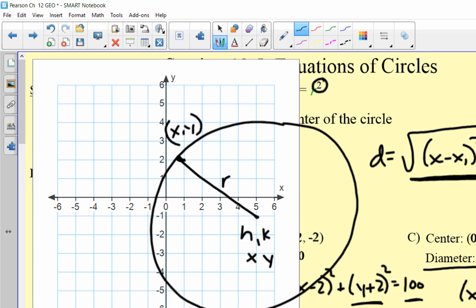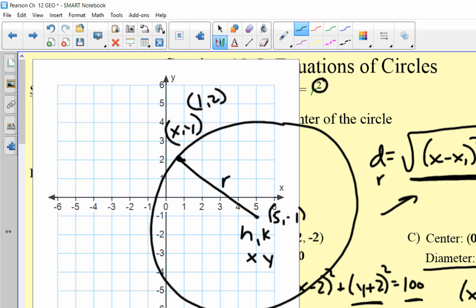Okay, so we go ahead and use these 2 points, 5, negative 1, and 1, 2. We're going to go ahead and plug that into the distance formula, and D really in this case is going to get us the radius, or R. Okay.